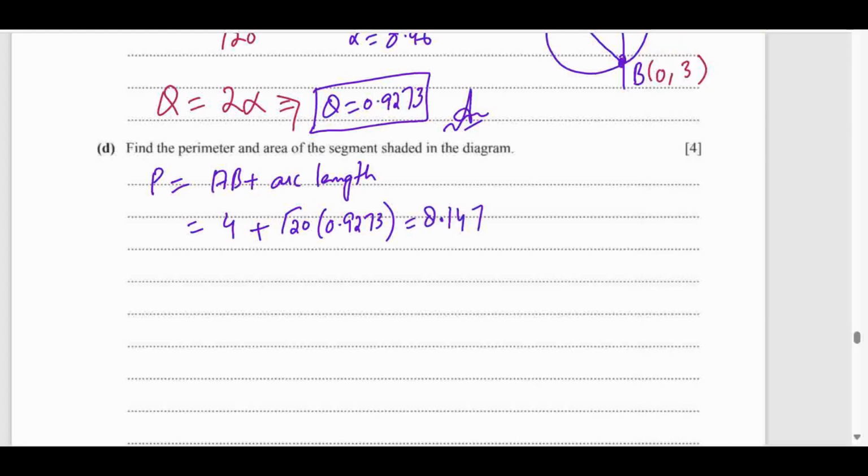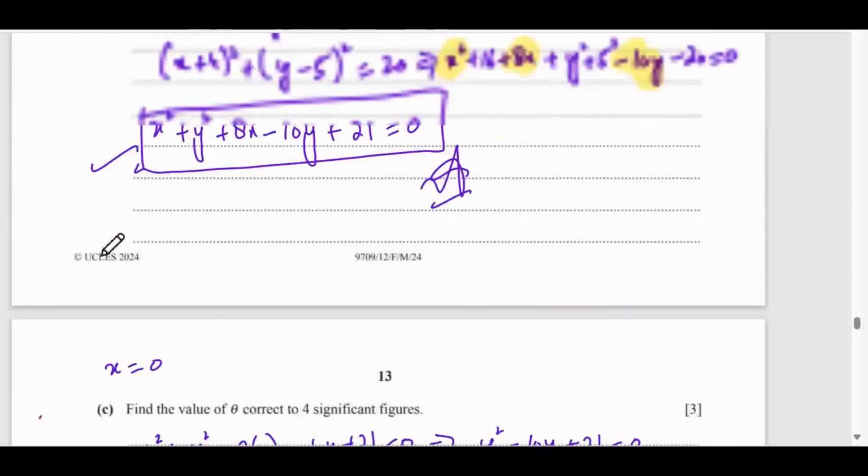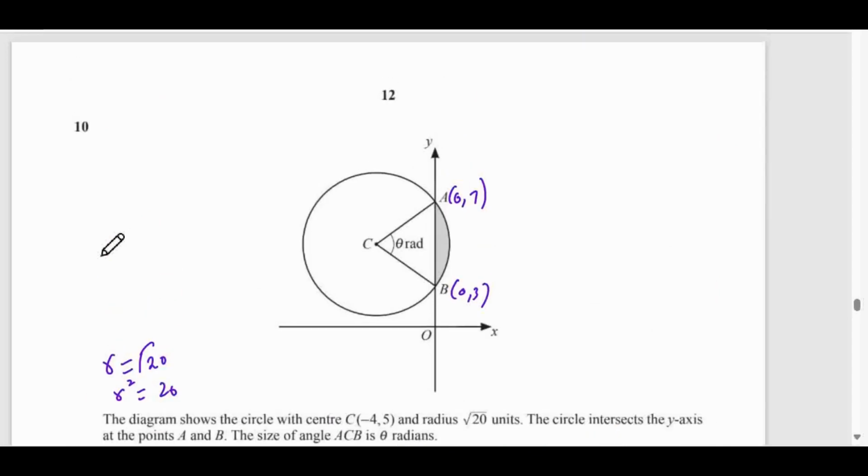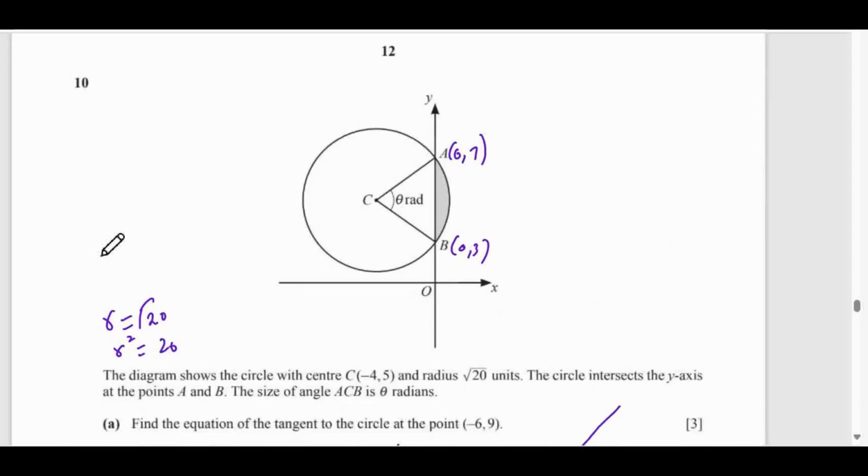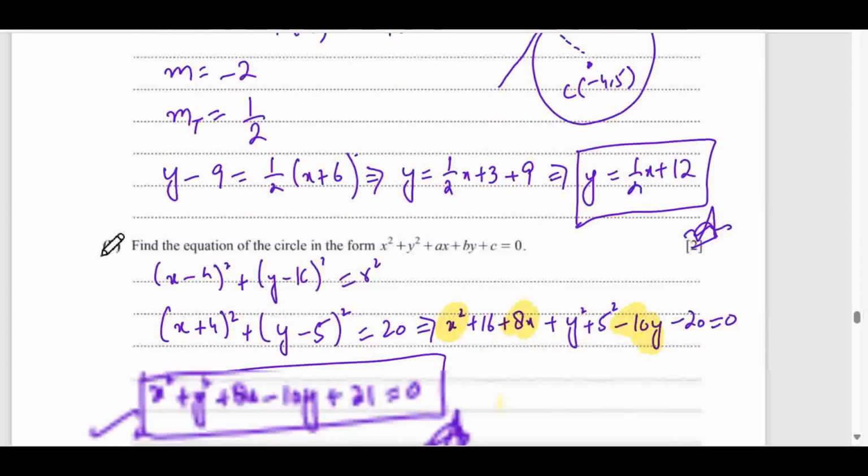So perimeter will be equal to 8.147. Now let's find the area. Area of the segment shaded in the diagram. So how to find the area? For the area, we need to find the area of the sector and then subtract the area of the triangle.